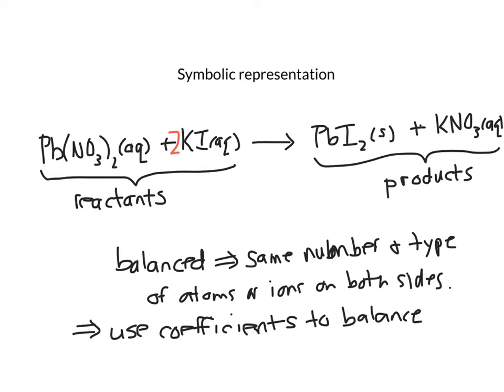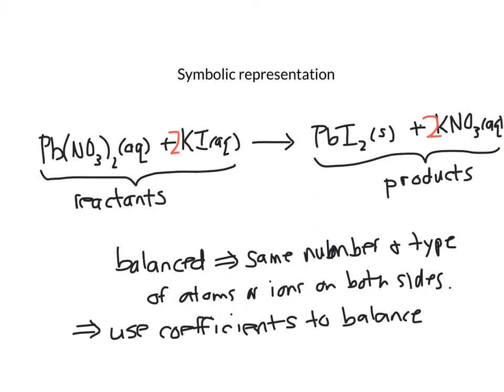So if I put a 2 in front of the potassium nitrate, then I have two potassiums, two nitrates, because every potassium nitrate gives me one nitrate, and I have two of them, so I have two nitrates, one lead, and two iodides. So everything is balanced.